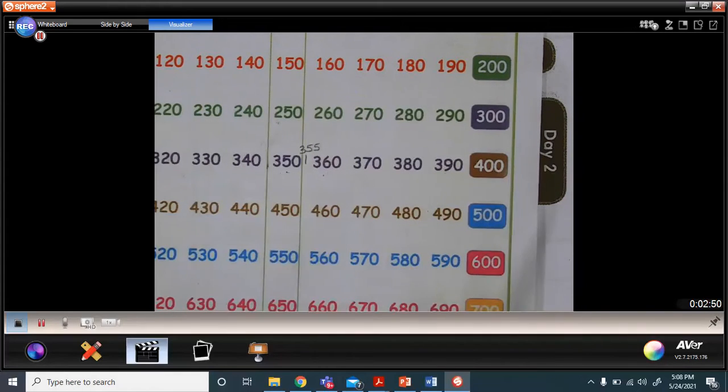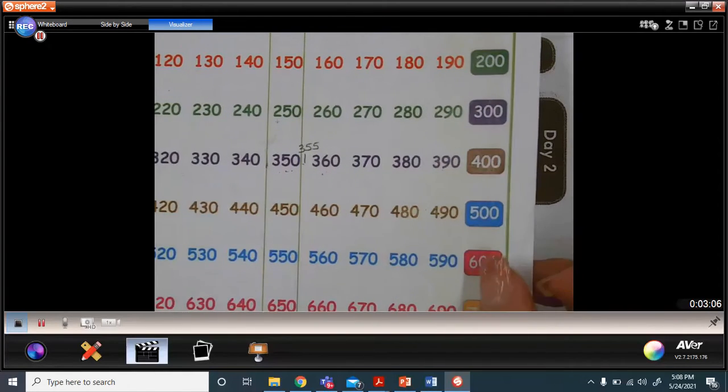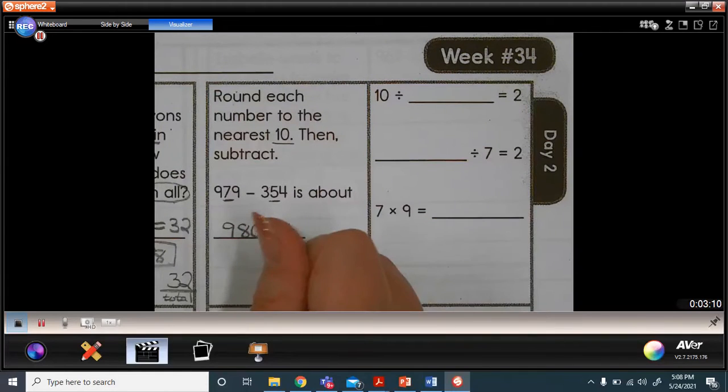Now, 354 comes right before 355. And since it comes right before, that tells me that it's less than 355, which means it's closer to 350. So we're going to round 354 to the nearest 10 of 350.